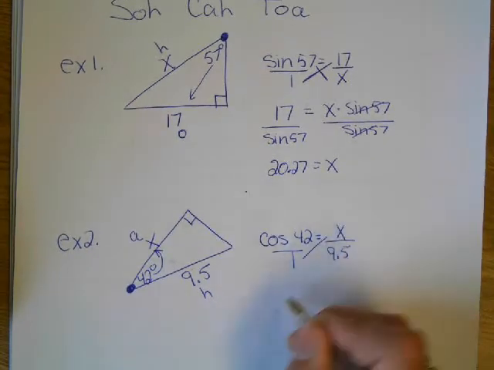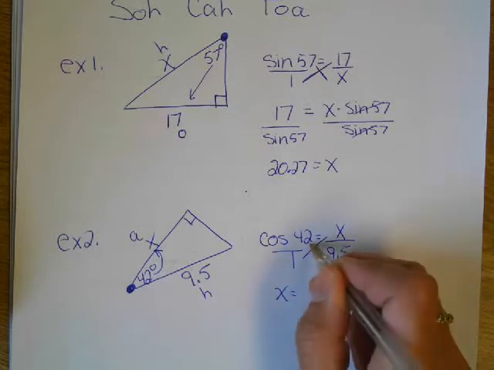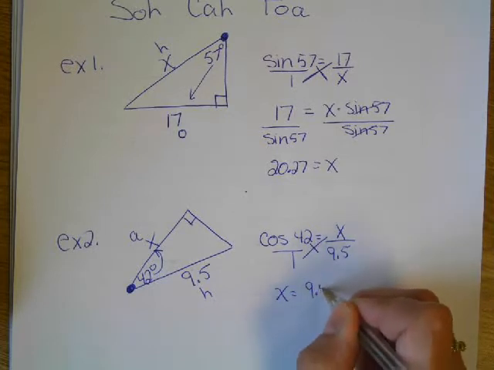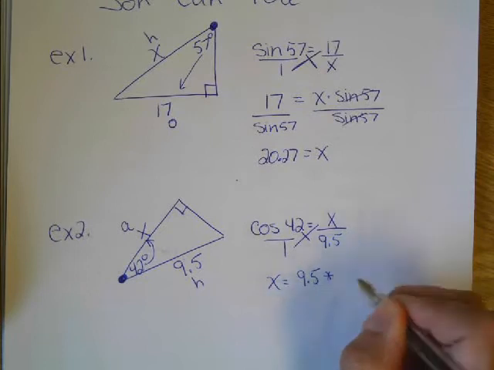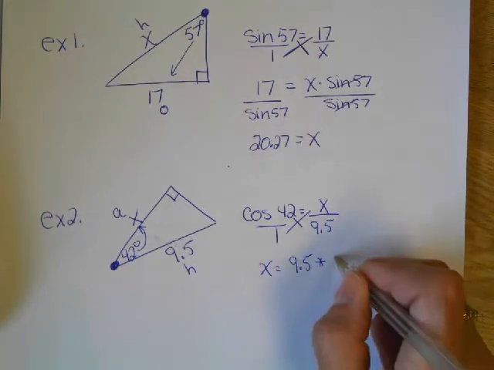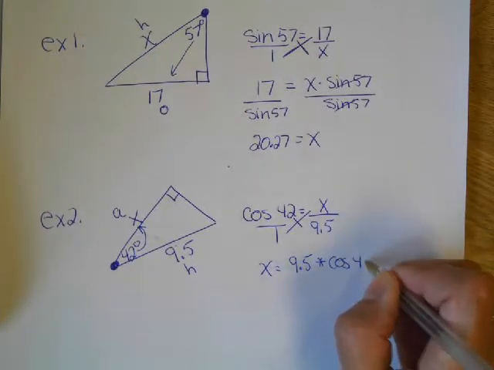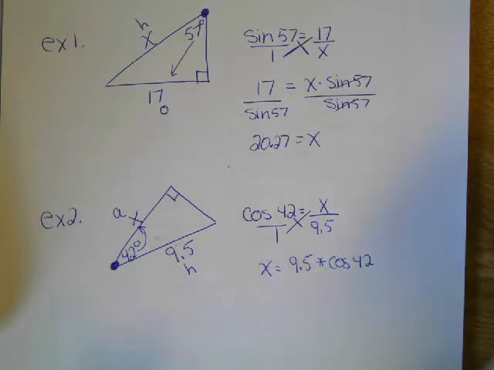So the x gets multiplied by 1. And then here we're going to have 9.5 multiplied by cosine of 42. And now it's calculator.